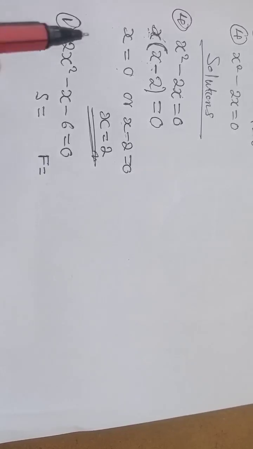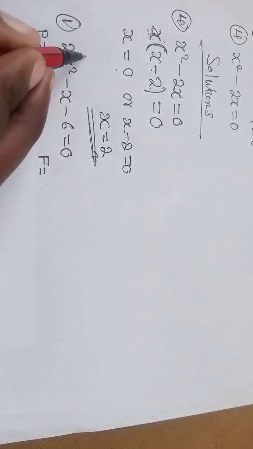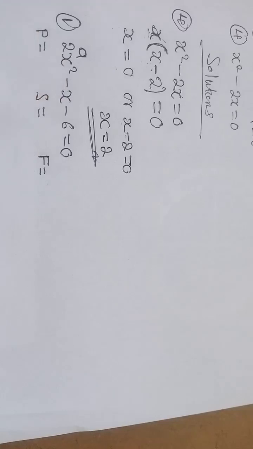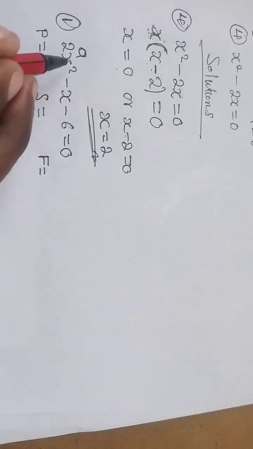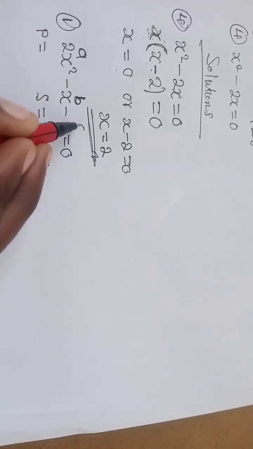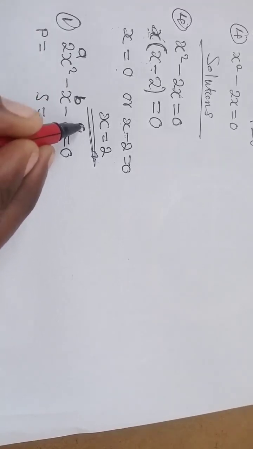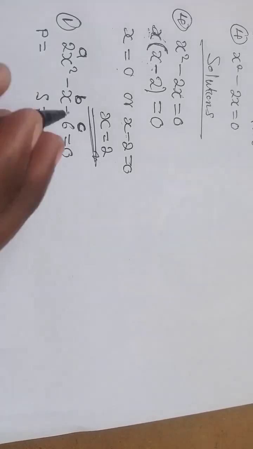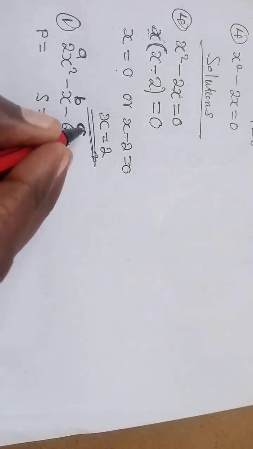In the previous video, we said that the one that is squared is A, the one that has 1x is B, and the constant is C. So this is C, not 0.